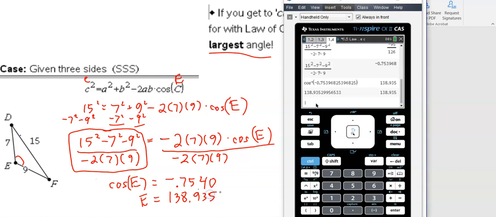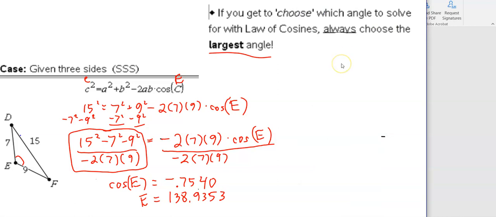To get another decimal, use mouse up and press enter. Okay, so now we have angle E, and now we can do what we did before. So the first step, law of cosines. Guess what the second step is? Law of sines.